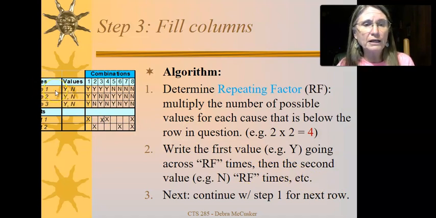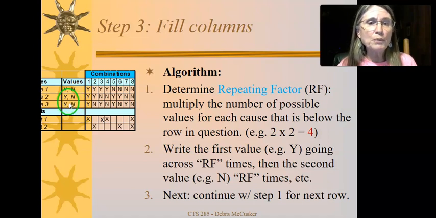So if we were looking at row 1, the repeating factor would be determined by covering up row 1, either imaginarily or for real, and then looking below it. So we have 2 possibilities, yes, no, and then 2 more possibilities of yes, no. So 2 times 2 is 4.